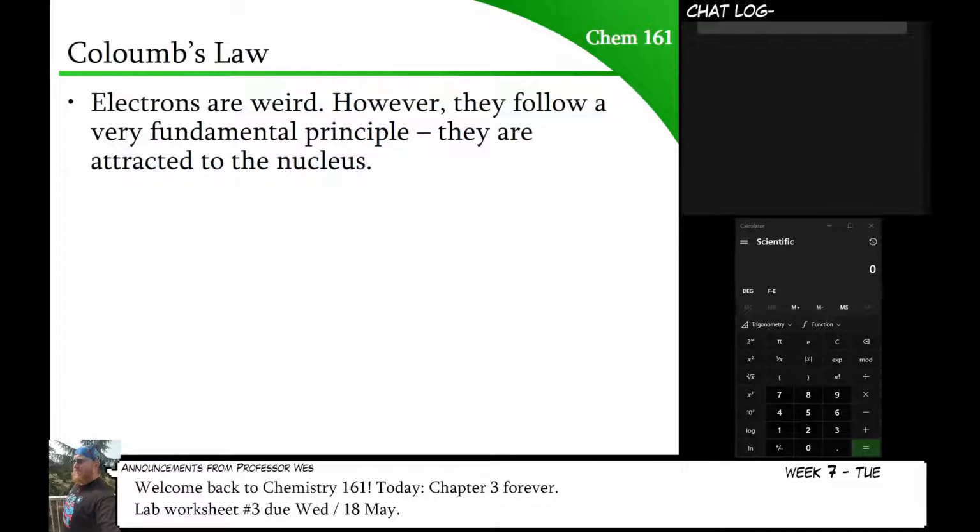And even with the ambiguity that electrons provide with where they can move and how fast they're going, there is a fundamental principle that is true. Electrons are always attracted to the nucleus because they are oppositely charged from the nucleus. So as a result, they will remain, on average, a fixed distance away based on their quantum numbers, n, l, m sub l, and m sub s.